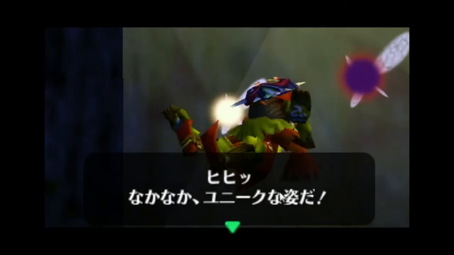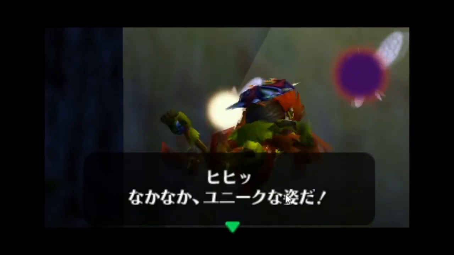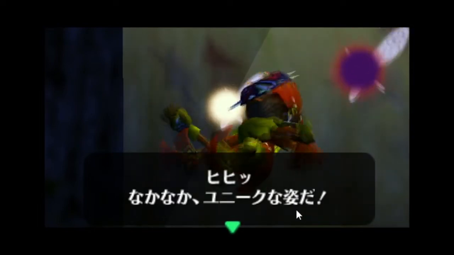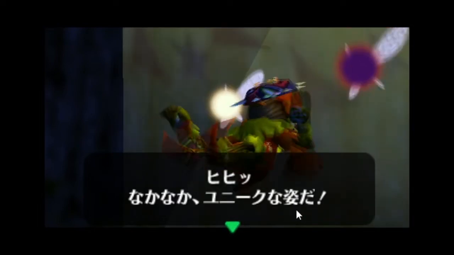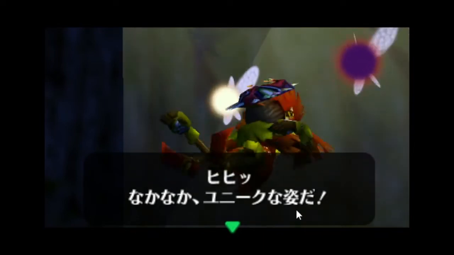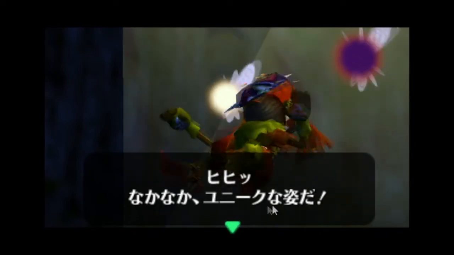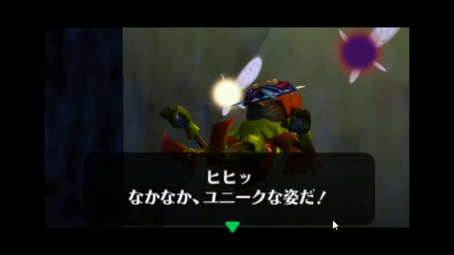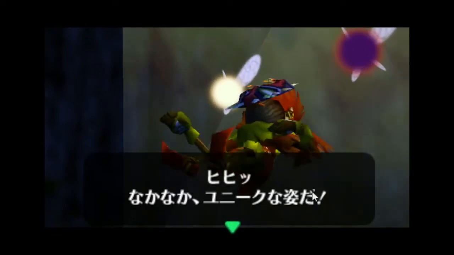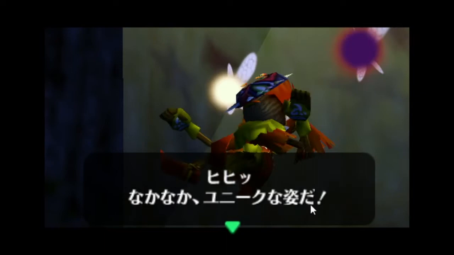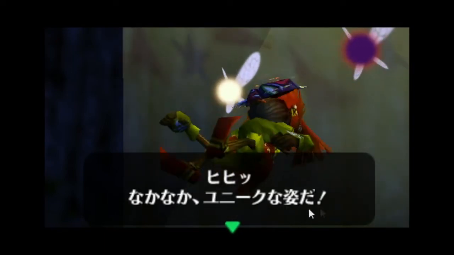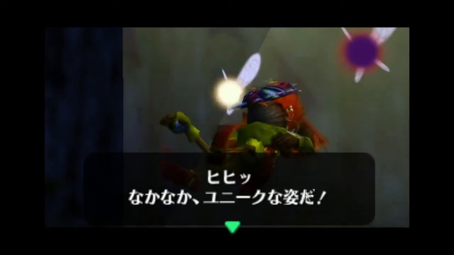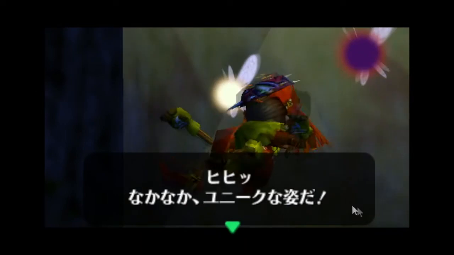But uniku na, obviously it's a na adjective, because it has a na in between itself and the noun. And sugata, as we discussed already, means form, body, shape, or whatever. So a considerably unique sort of form. And then da, as I've said, is just the declarative. It means is, I suppose. That is a considerably unique form. It states that something is true, I guess, is what da does.